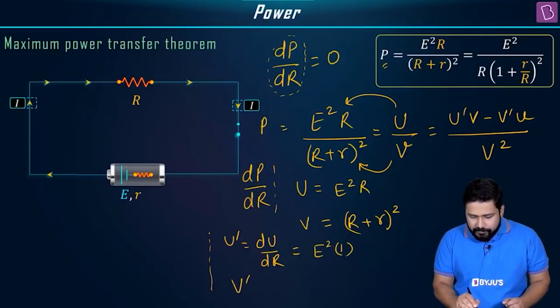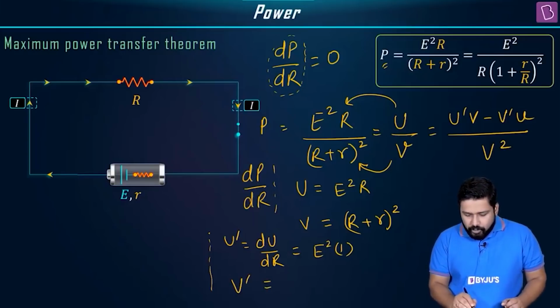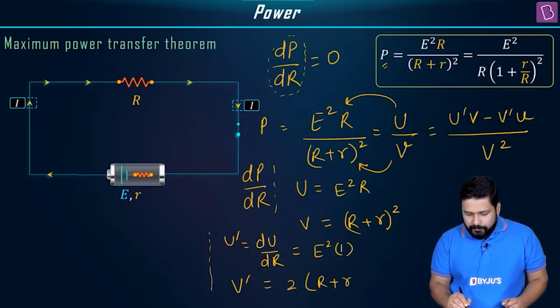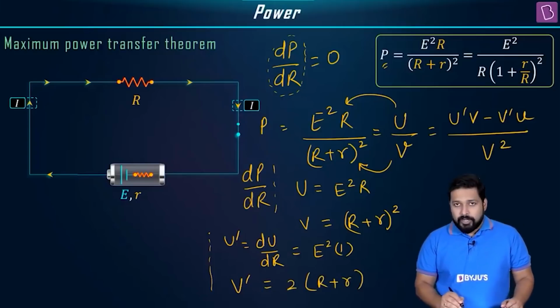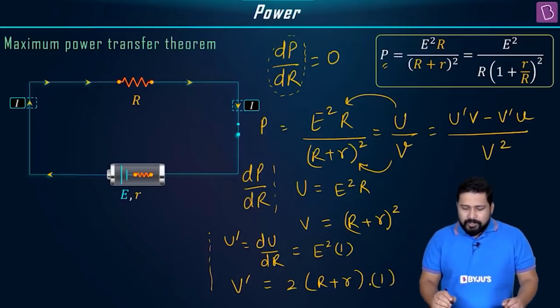What about v dash? Well, if you differentiate this, you are going to get 2 times of capital R plus small r raised to the power 1. And then you need to differentiate capital R plus small r, and that is going to give you 1. Is this okay?